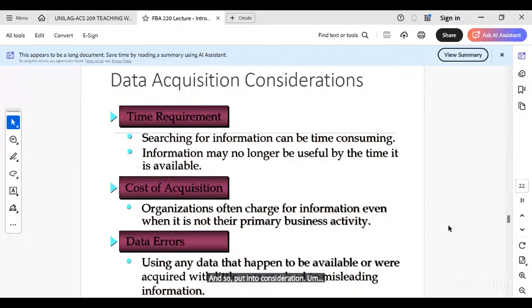For data to be relevant, that data must not be obsolete, because the time that you collect the data really matters.